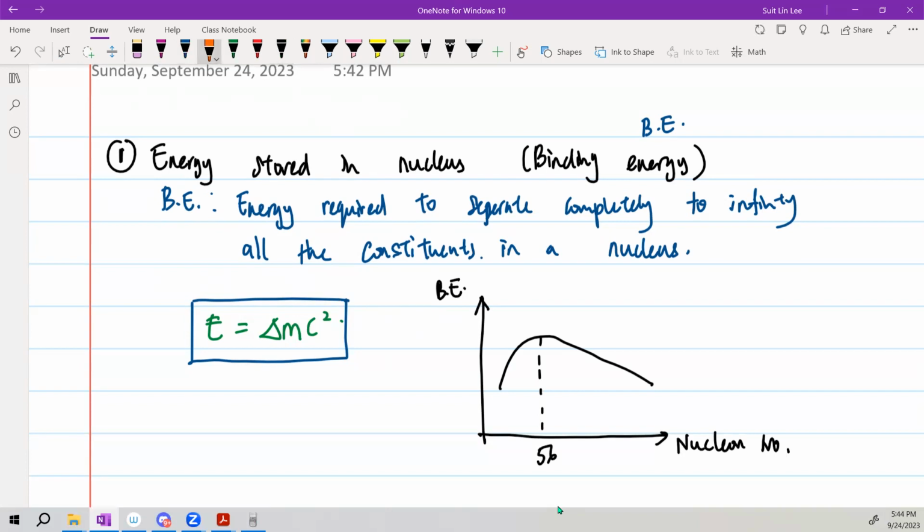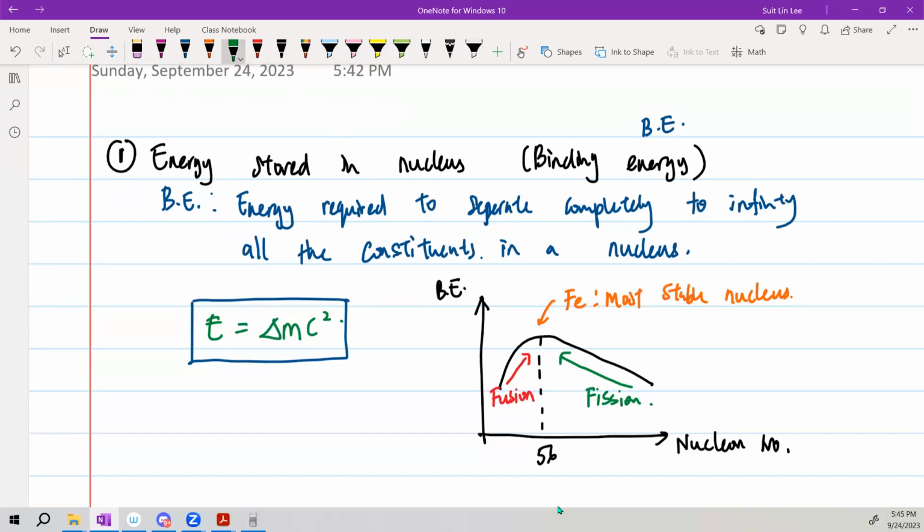Just know that 56, or iron, Fe, is the most stable nucleus. That's why the Earth's crust or the Earth's core is made out of iron. Everything wants to be iron. If you're too small, you will fuse together to become bigger so that you're closer to iron. If you are too big, you will fission, you will break apart.